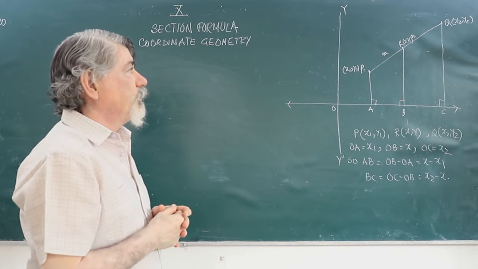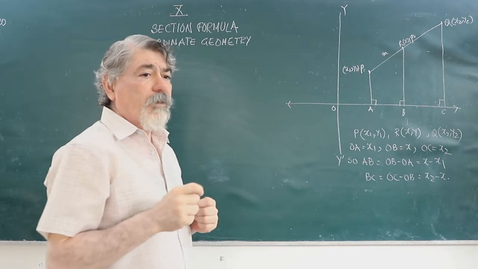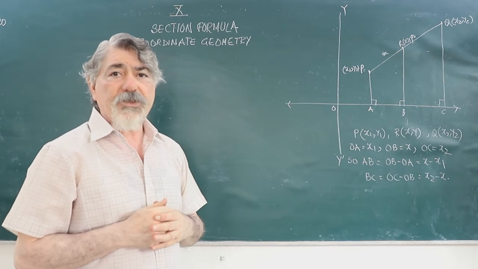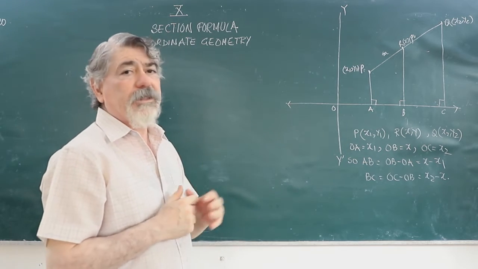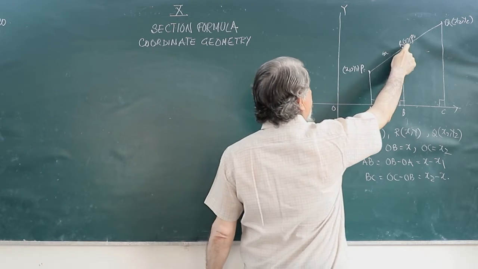Bisect means divide into two equal parts. R is not dividing P and Q in equal parts, but R is dividing the line PQ in the ratio of m:n.